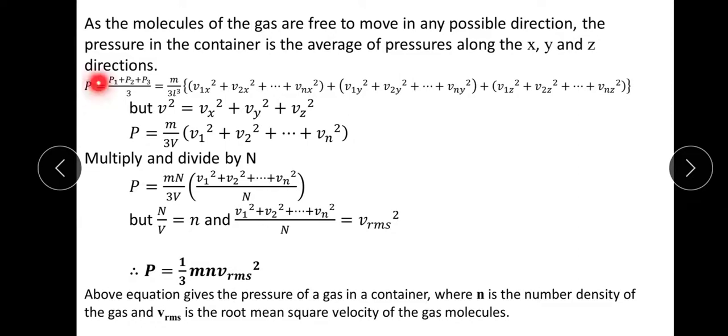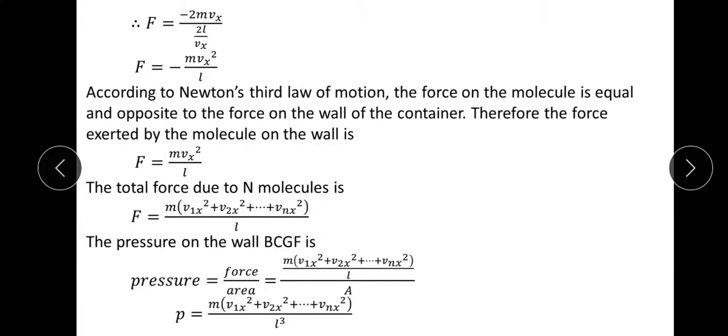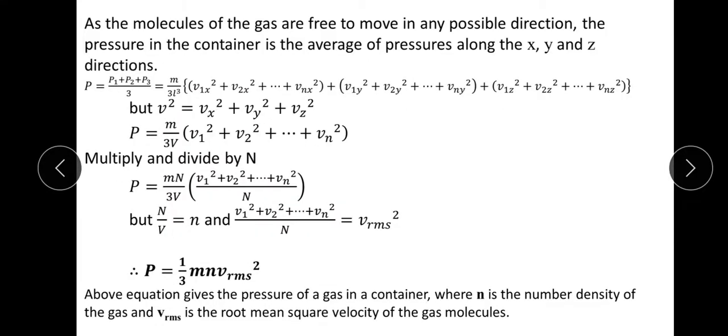Therefore, the pressure has components like this: P is equal to (P1 plus P2 plus P3) whole divided by 3 along x, y and z directions. So if we substitute this, we get P is equal to m divided by 3L cube into (v1x square plus v2x square plus up to vnx square).